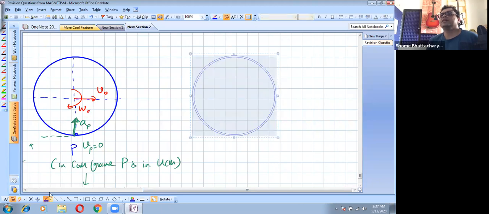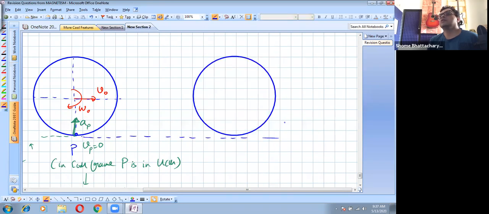By the time this particle has come to the highest point, half the time period, its velocity has become 2v0 in the ground frame.